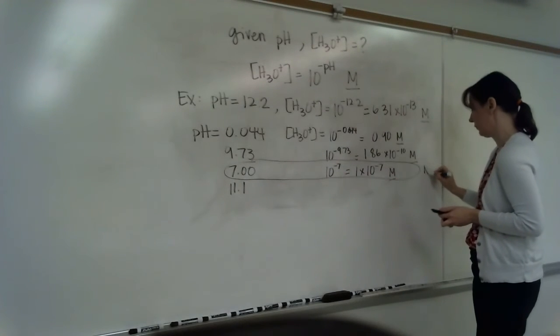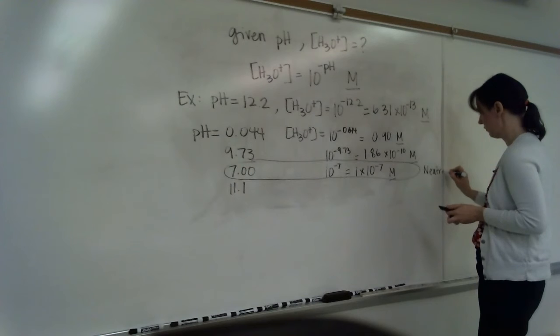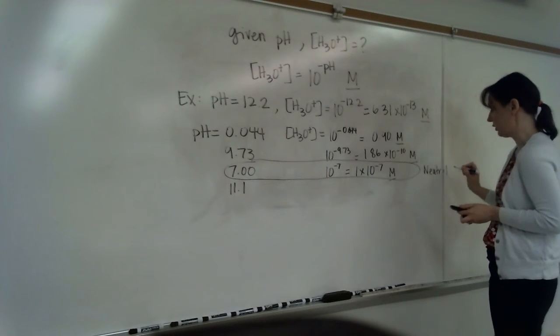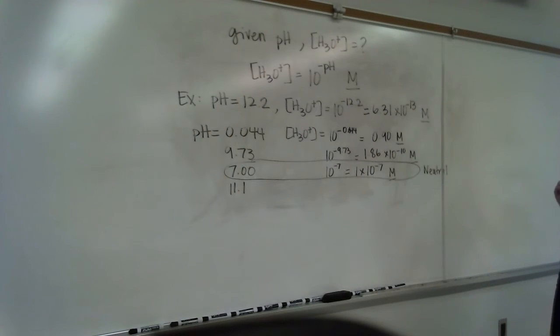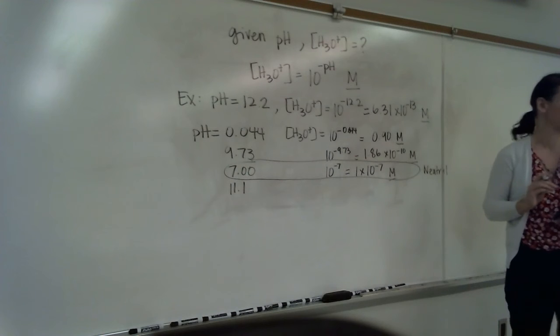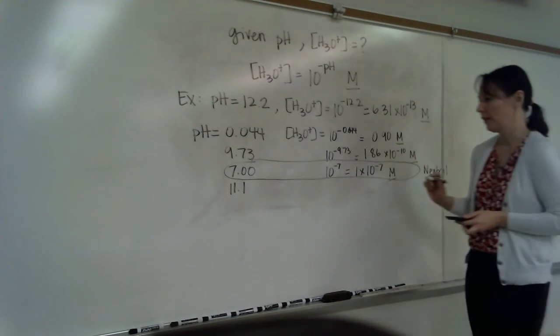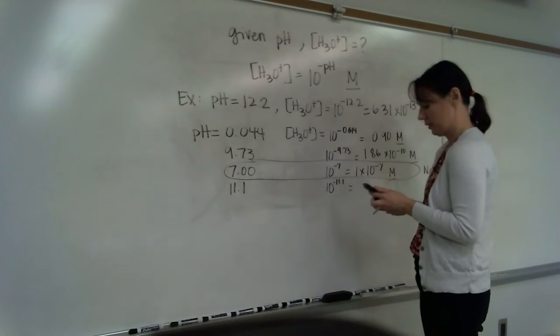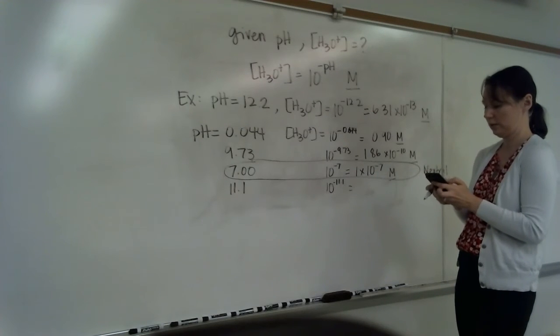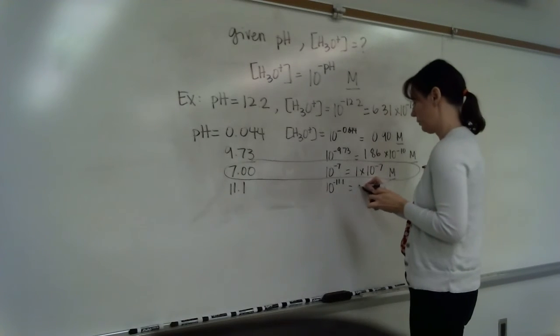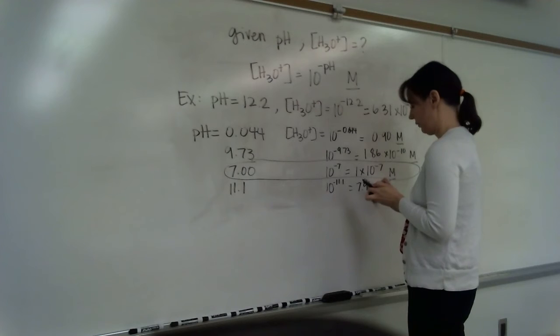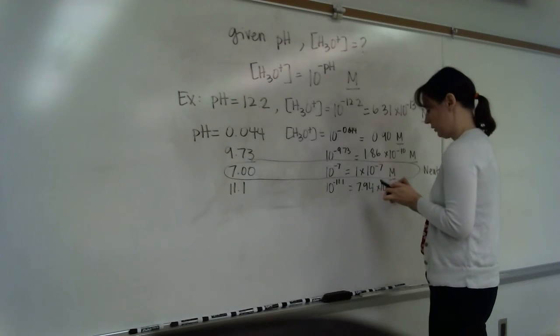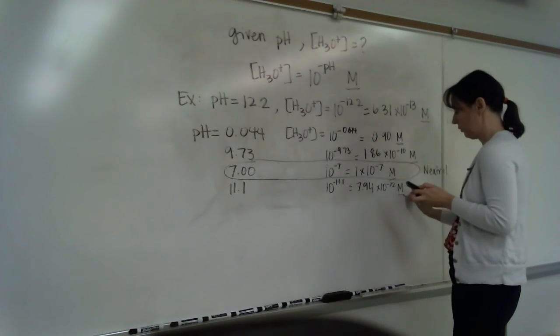This one's neutral. A neutral solution has pH of 7. Concentration of 1 times 10 to the negative 7th moles per liter. And then 10 to the negative 11.1. 11.1, 10 to the x. This would be 7.94 times 10 to the negative 12 moles per liter.